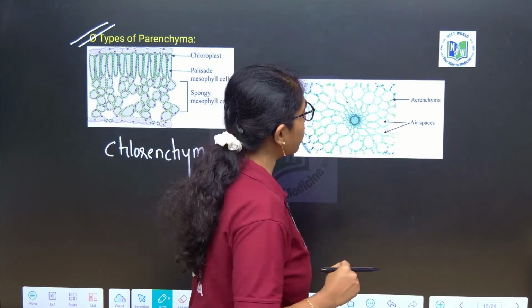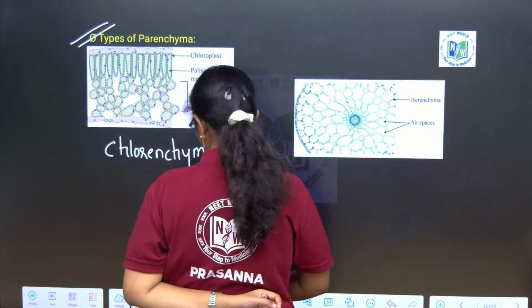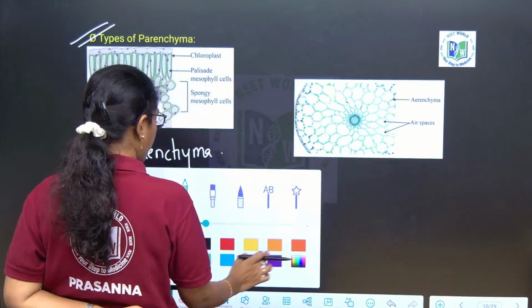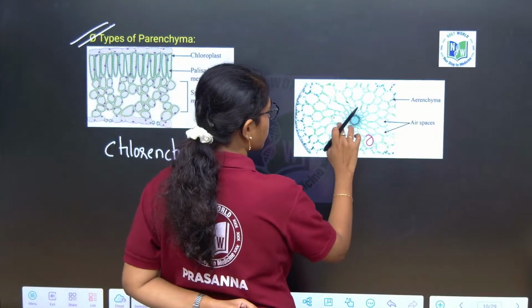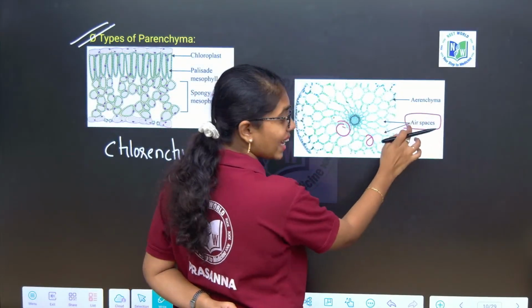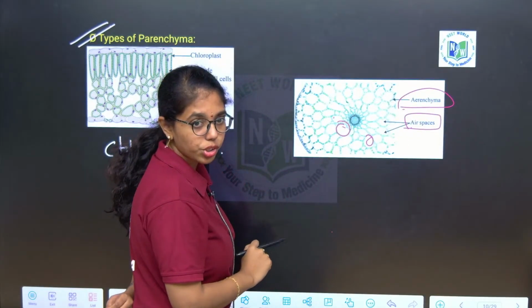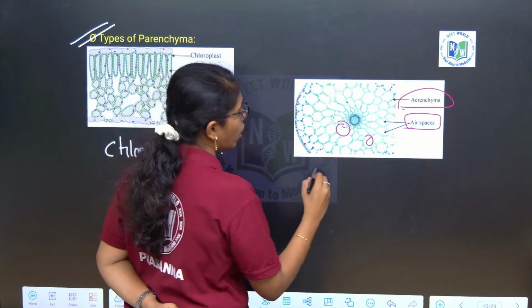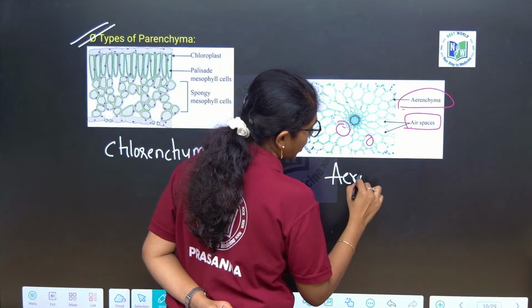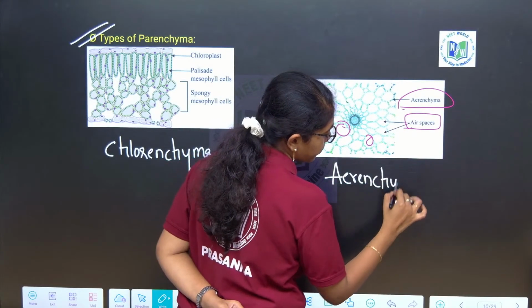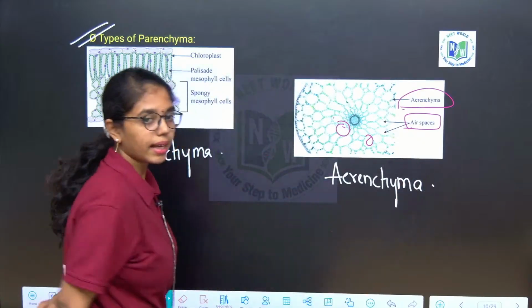In aquatic plants they have large air spaces in between. This type of parenchymatous tissue which has large air spaces, you will call it aerenchyma. Clear, Nama? Yes?